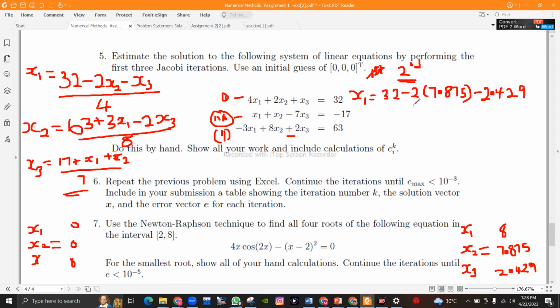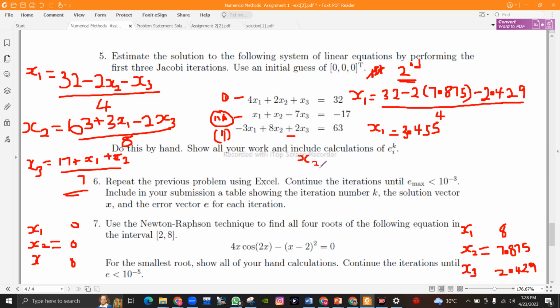Then divided by 4. If you calculate that, your x1 new will be equals to 3.455.